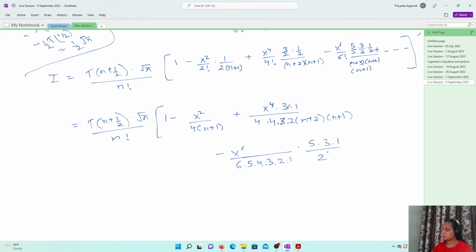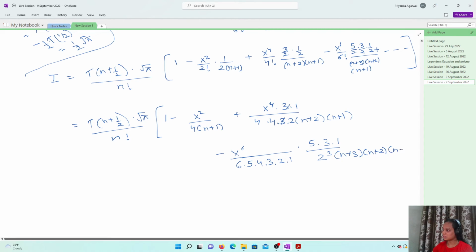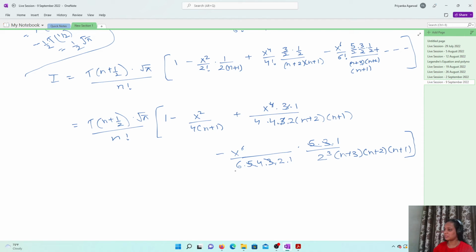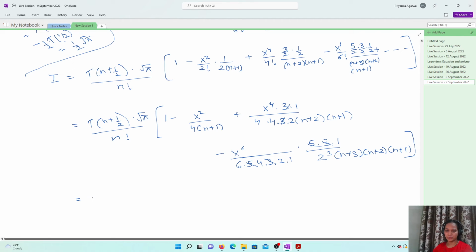So this is 2 and now we have n plus 3, n plus 2 into n plus 1. If you see, these terms will get cancelled and everything we will be left with will be in the multiplications of 2.